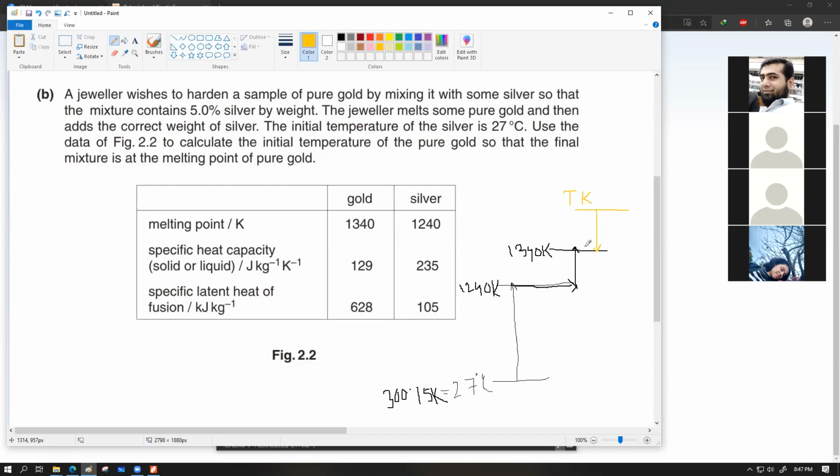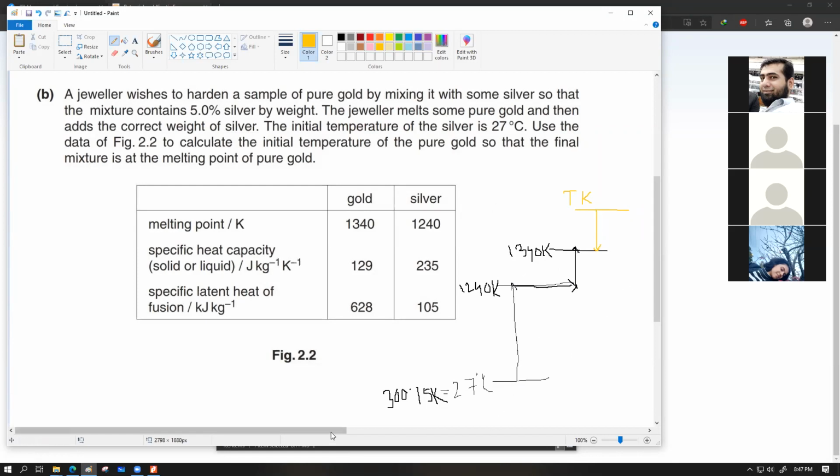In this process, heat is absorbed. In this process, heat is given up. For the black lines: solid silver melting, liquid silver. For this one, liquid gold. So that's the heat exchange process.